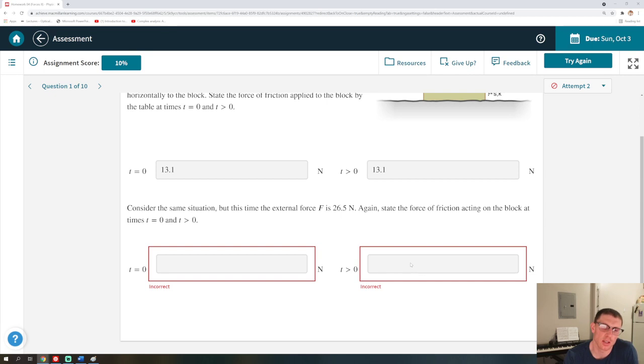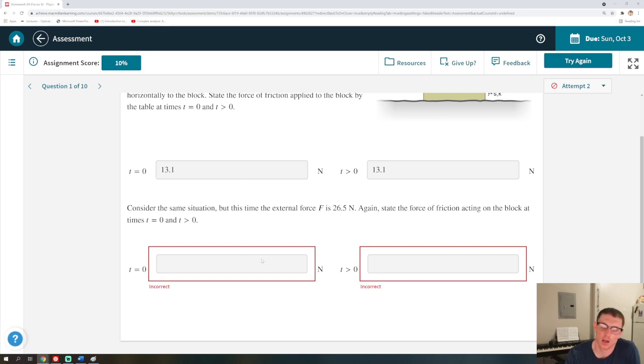So is that what you did, Bella, or was it something else? Or anybody, for that matter. Yeah, because you want to do the maximum value of static friction here, and then you want to do kinetic friction here, right?